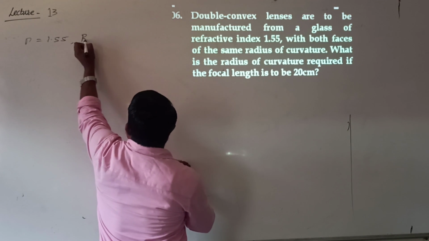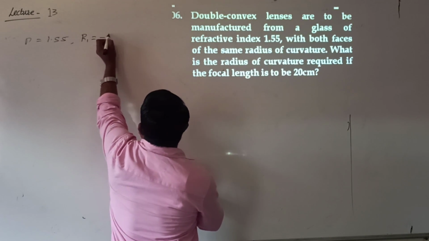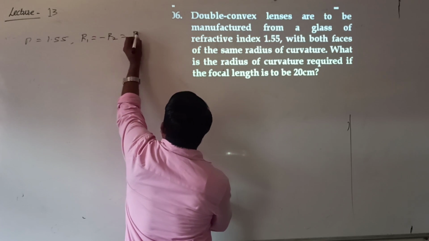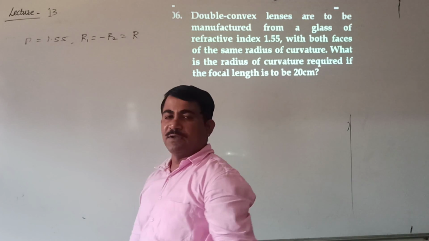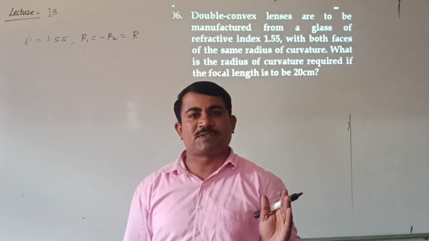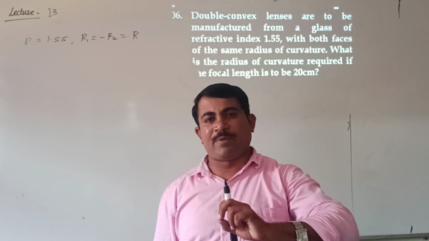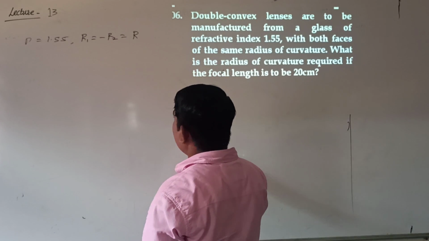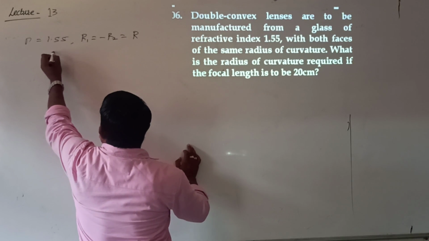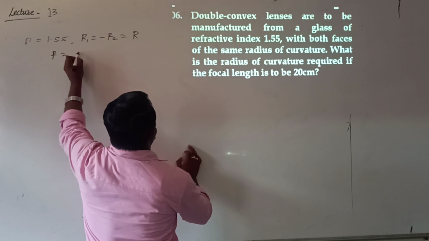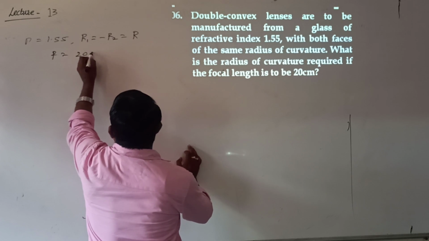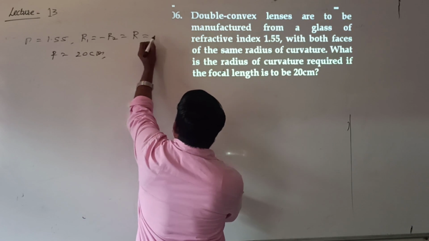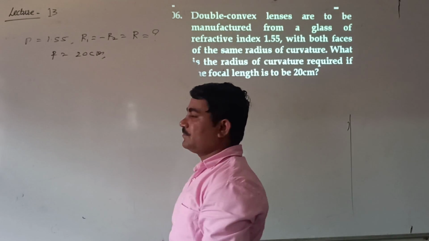Same radius of curvature means one is taken to be positive and the second negative, each equal to r, because according to convention the radius of curvature for one spherical surface is taken negative and the other positive. The focal length f is given directly as 20 centimeter. For 20 centimeter, what is the radius of curvature?